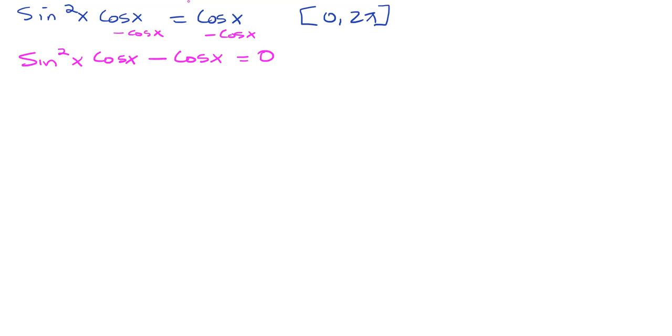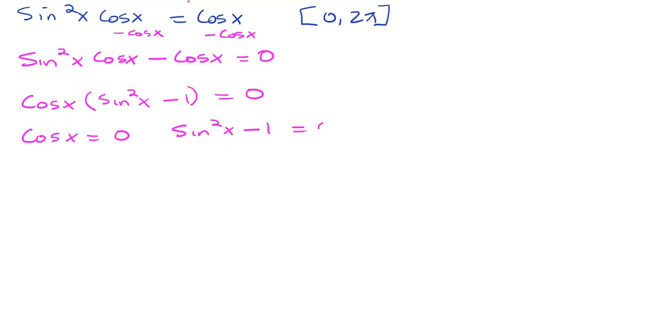Now that we have this, let's go ahead and factor this equation. There's a common term, which is cosine x, and then we have sine squared x minus 1 equal to 0. So now we have cosine x equal to 0, and then sine squared x minus 1 equal to 0.